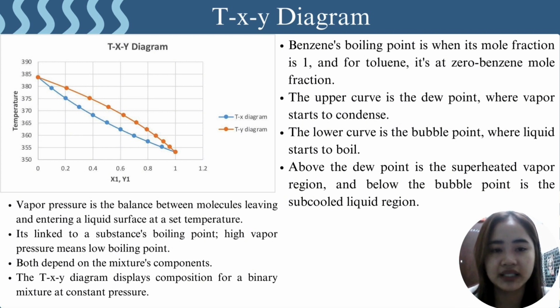Benzene's boiling point is when its mole fraction is 1, and for toluene, it is at 0 benzene mole fraction. The upper curve is the dew point where vapor starts to condense. The lower curve is the bubble point where liquid starts to boil. Above the dew point is the superheated vapor region, and below the bubble point is the subcooled liquid region.